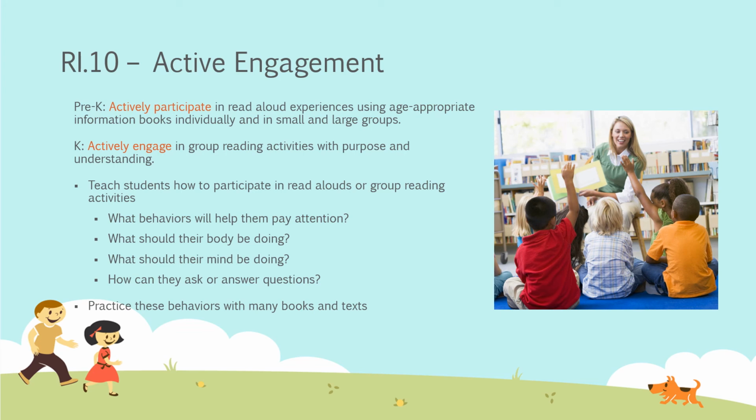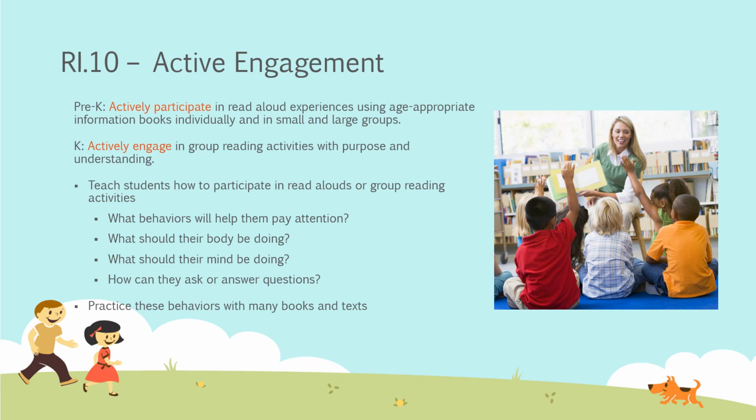So just reading a book is not enough to meet this standard, because reading the book does not mean that your kids are engaged. This standard is about teaching children how to be engaged while you are reading. So you have to teach the students how to participate in read-alouds or group reading activities. Think about what behaviors will help them pay attention and teach those behaviors.